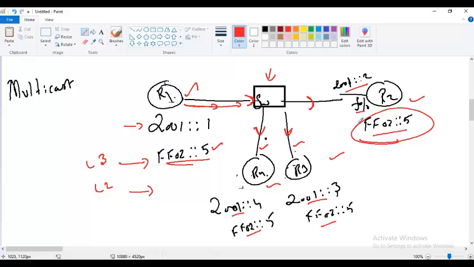See, the switch will send to everyone. But can R2 open it? It can open it only if it is a member of FF02::5. Is it a member? Yes, because I enabled OSPF on F00 on R2. F00 is now eligible to open it and process it.